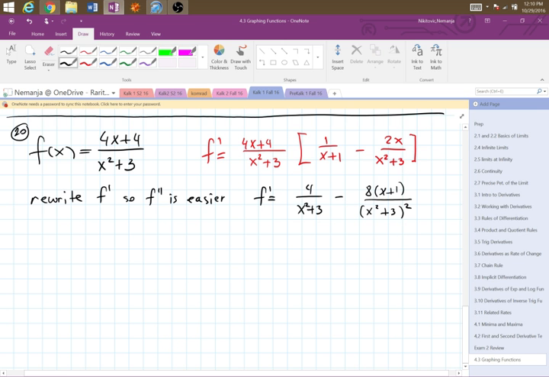There's a little bit of algebra there. Skip like a million steps, as we usually do.